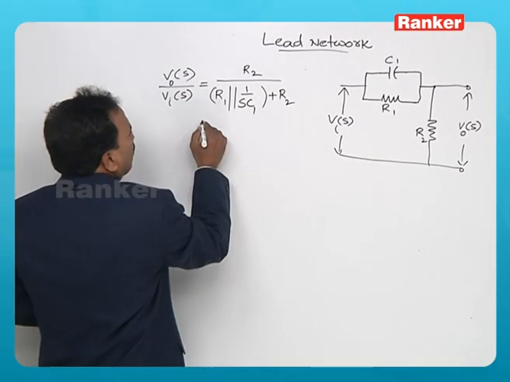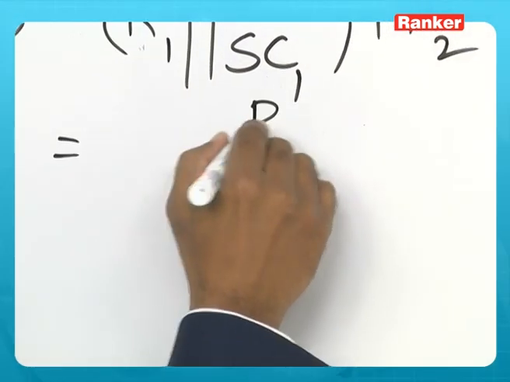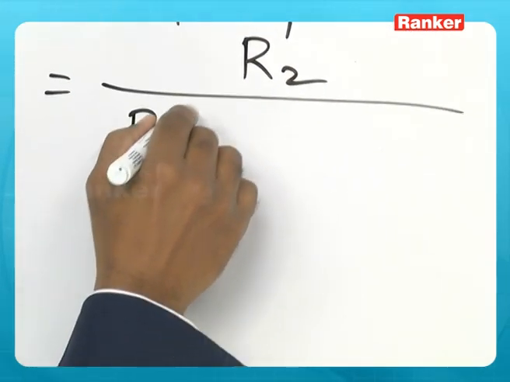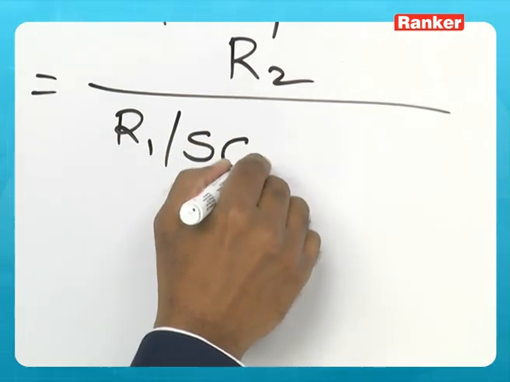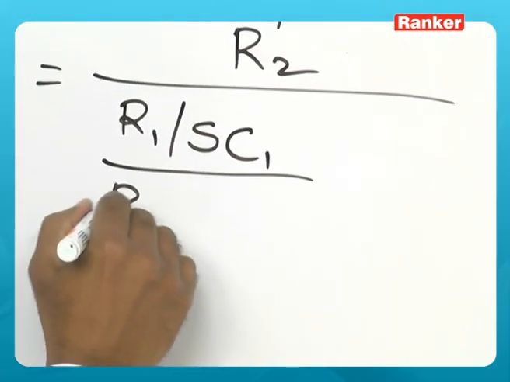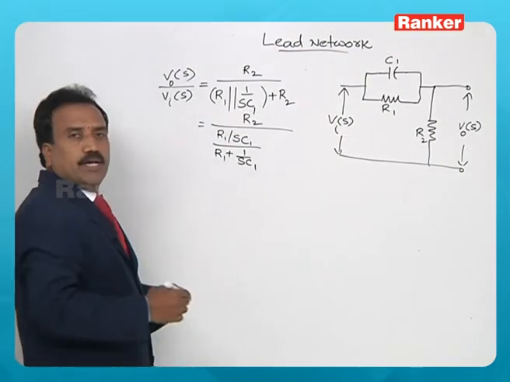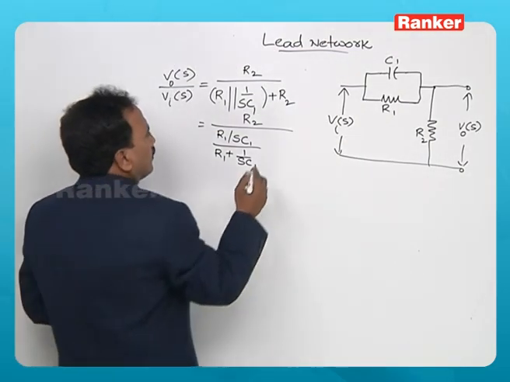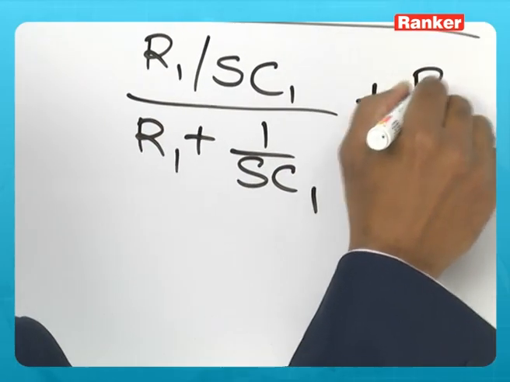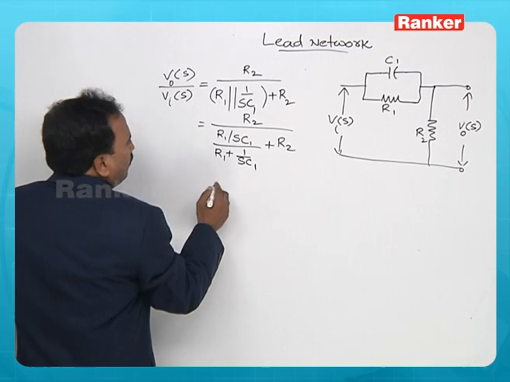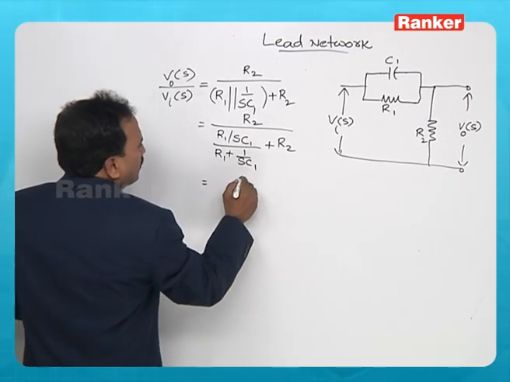Now if you simplify this, the parallel combination of R and C is R1 by SC1 divided by R1 plus 1 by SC1, then the resistance R2 as it is.